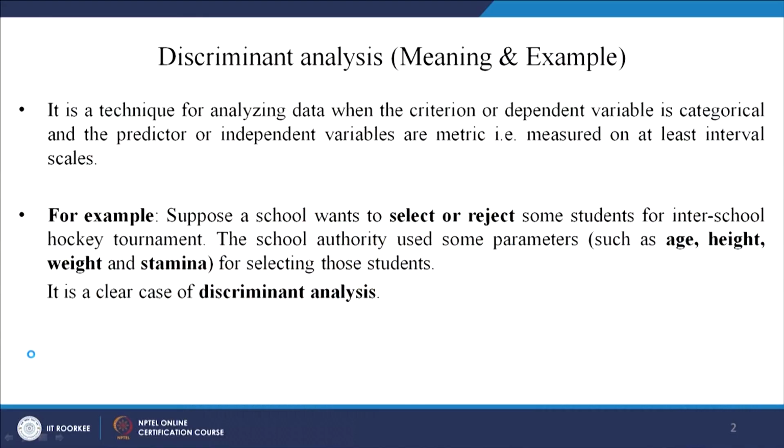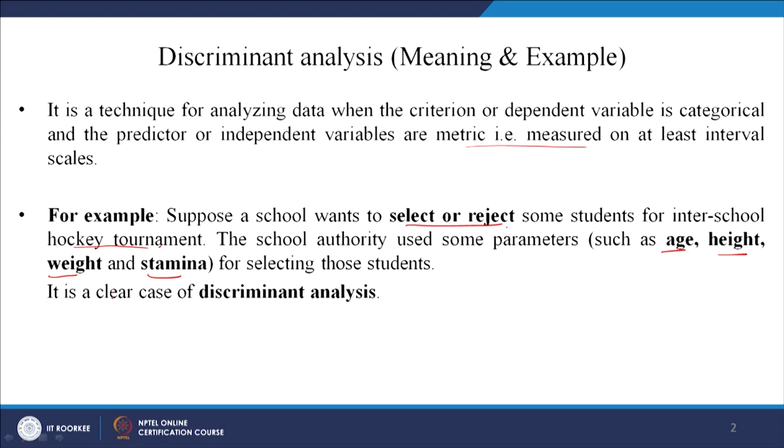Discriminant analysis is a technique for analyzing data when the criterion or dependent variable is categorical and the predictor or independent variables are metric, that is, measured on at least interval scales. For example, a school wants to select or reject some students for an inter-school hockey tournament. The school authority used parameters such as age, height, weight and stamina for selecting those students.